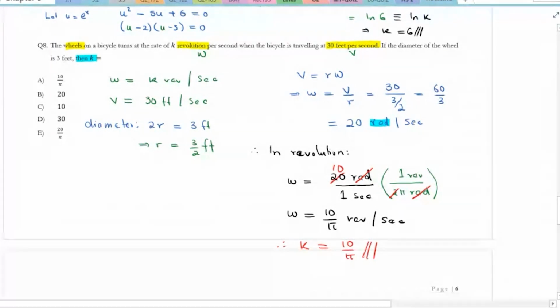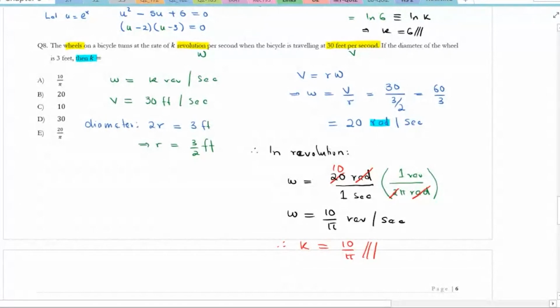You can just convert from feet to radians, like put 30 over 3 over 2, and then you will get the radians. No, feet is a linear measurement. It is a linear unit. A revolution, radian, and degree, they are about the circular, the angle measure.